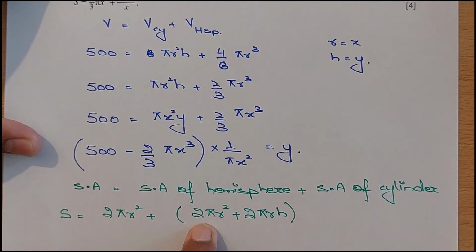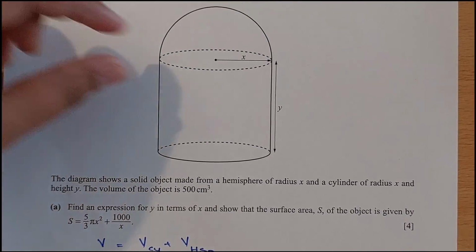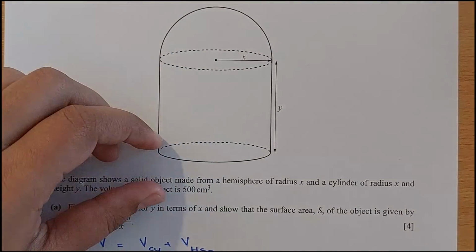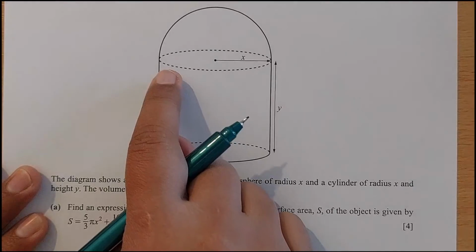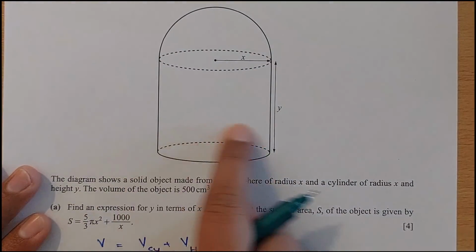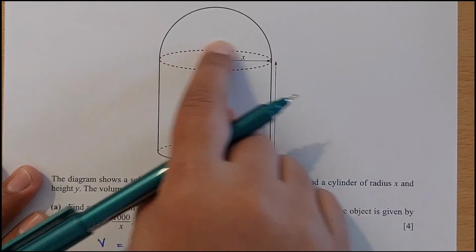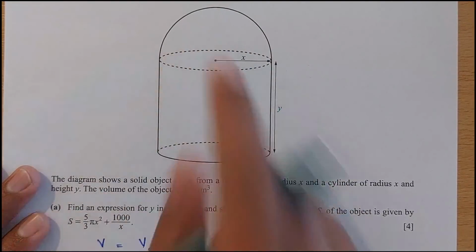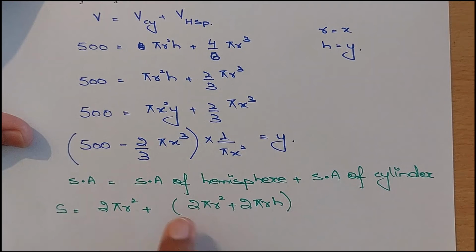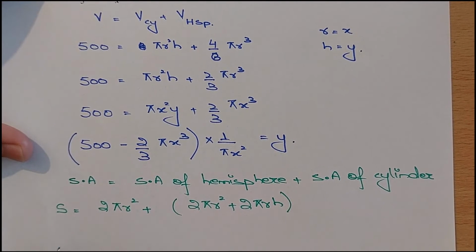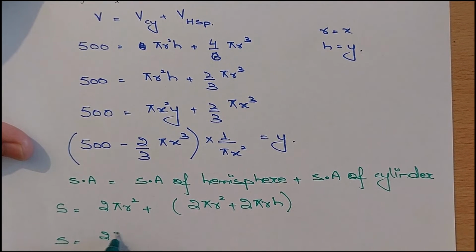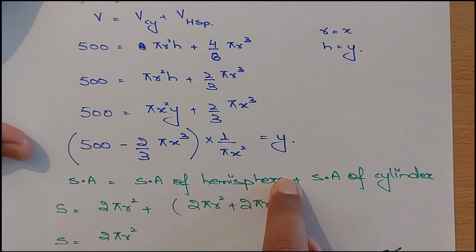We use 2 pi r square when we have upper and lower circles, right? The upper surface of the cylinder is circular and the lower is also circular, but as you can see, this upper portion is covered by the hemisphere. So we are not using 2 pi r square, we are just using pi r square. So 2 pi r square is the surface area of the hemisphere.